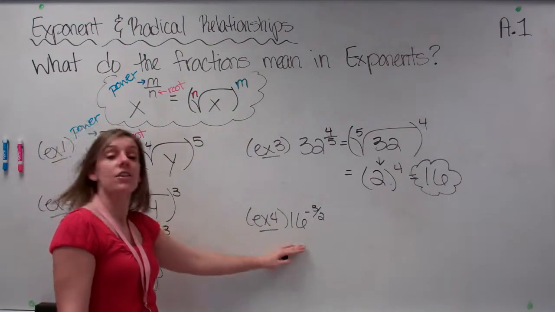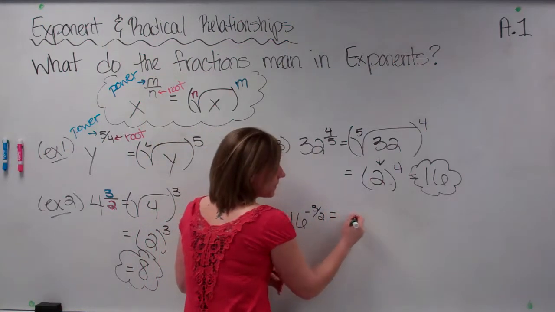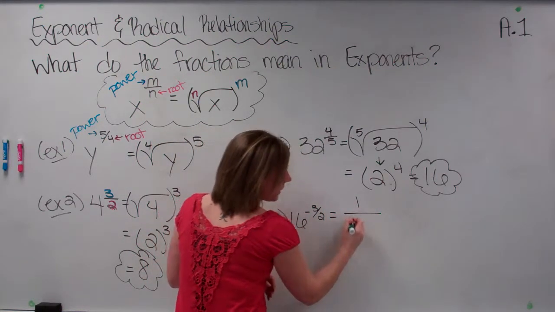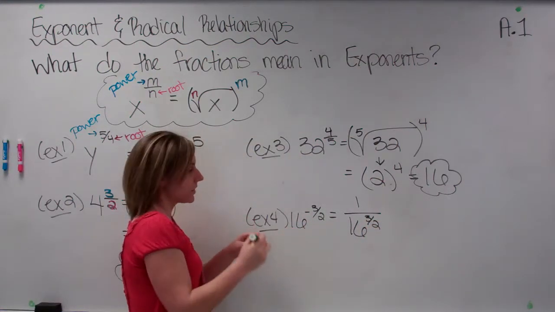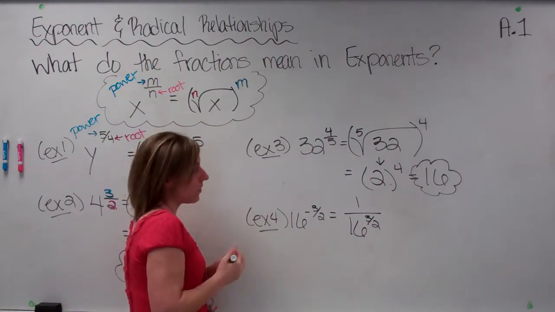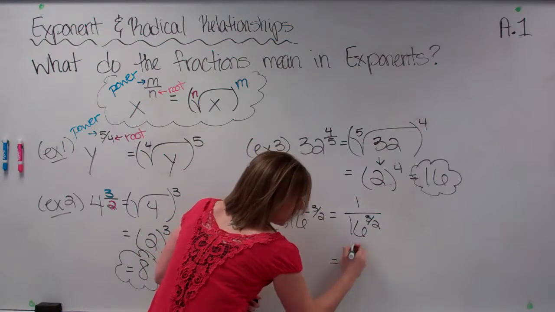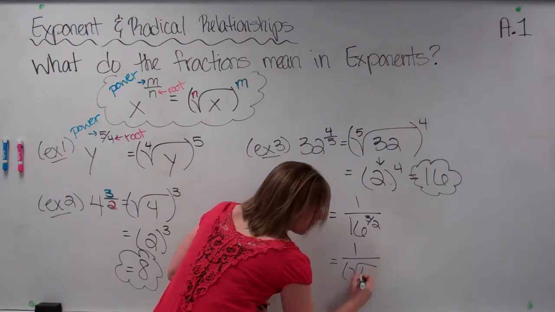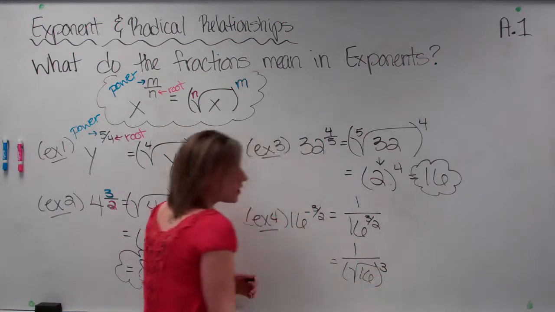All right, and then here it just takes us a step further. We know that a negative means to flip to the denominator. So really, this is 16 to the 3 over 2. That's why we practiced our rules last week. Then you just take it in the root and in the power form. So what kind of root is it? It is a square root of 16 because of the 2. Then we will cube it.